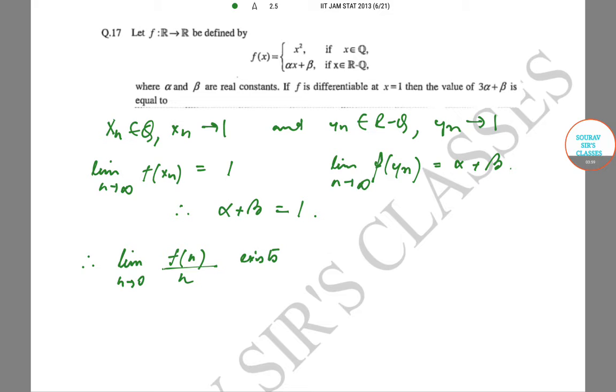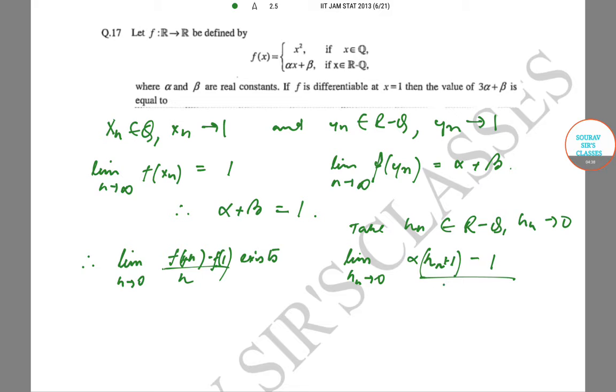Now take hn belonging to R minus Q such that hn goes to 0, then f of 1 plus hn is just alpha times 1 plus hn plus beta.